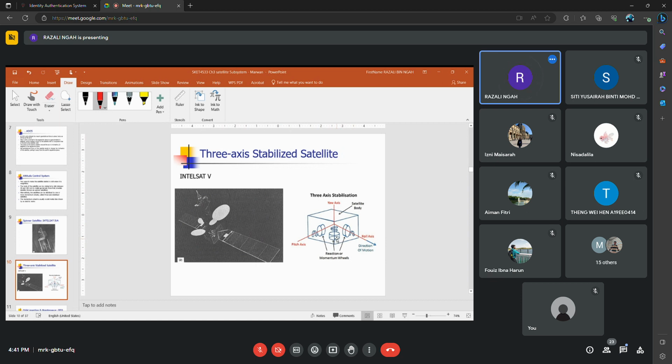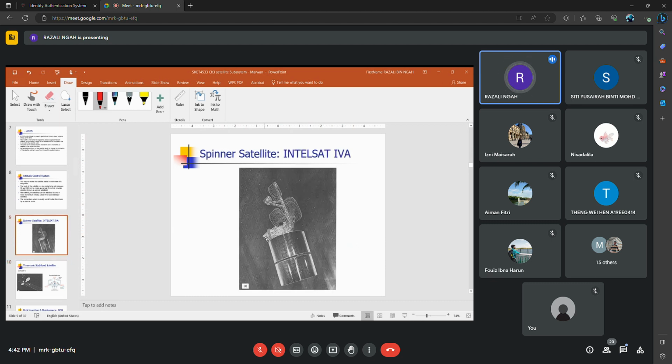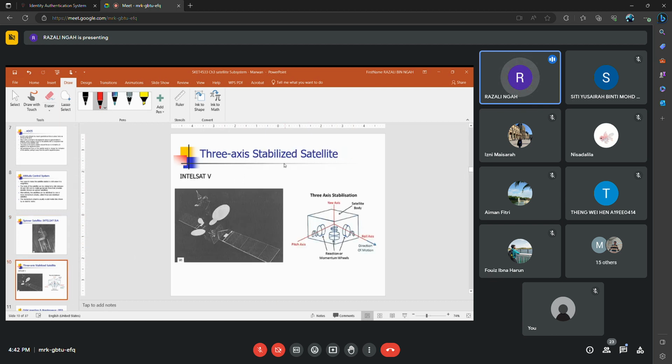So those are two types of satellite, and to make them stable we need a rotating part. For this one, obviously, the body of the satellite is rotating. But for this type, we have three momentum wheels rotating in order to stabilize the satellite.